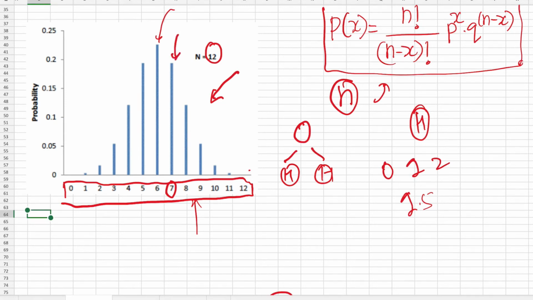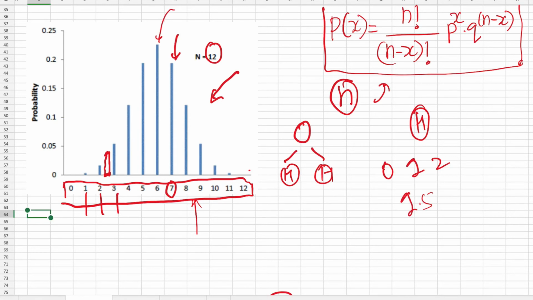As you can see, we can calculate the probability of 1, 2, 3, but if someone asks us the probability of getting somewhere between 2 and 3, we are not able to talk about that specific probability, because this is discrete in nature. So this is the second limitation of the binomial distribution.